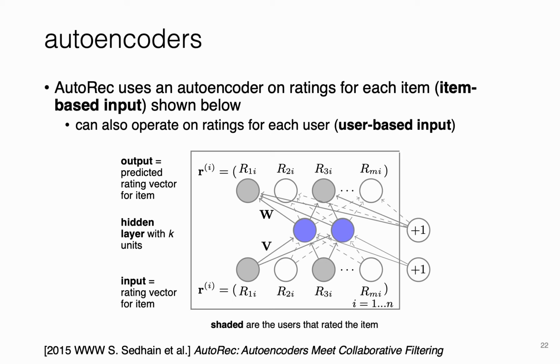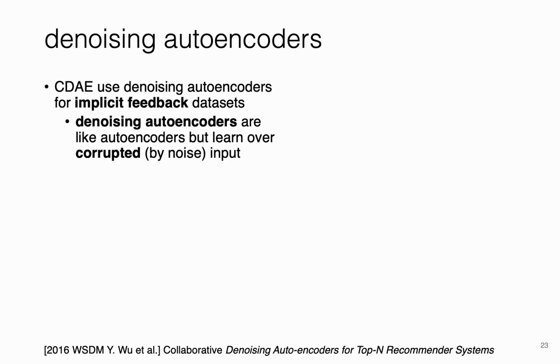In a similar manner, one could have used a user-based input to obtain embeddings for the users. This time, the input is a row of the ratings matrix. In another work, an autoencoder variant called denoising autoencoder is used.